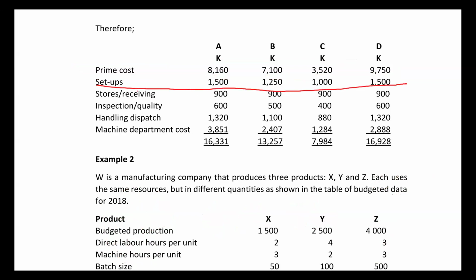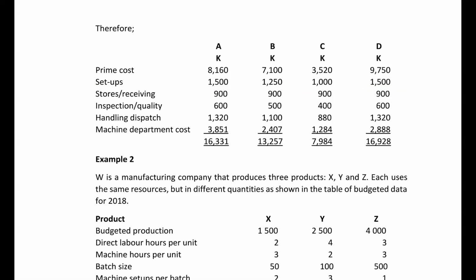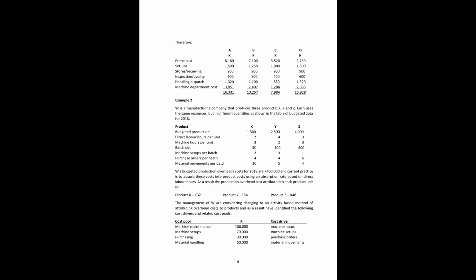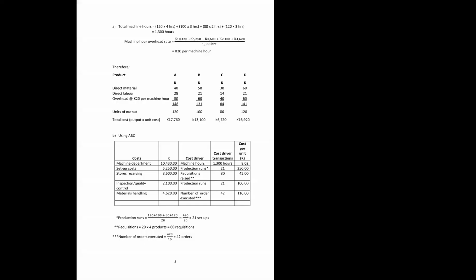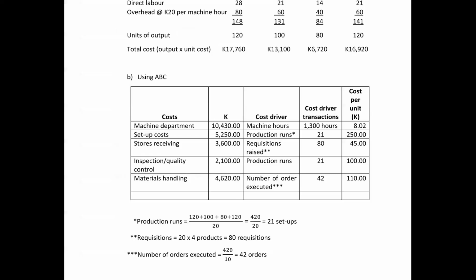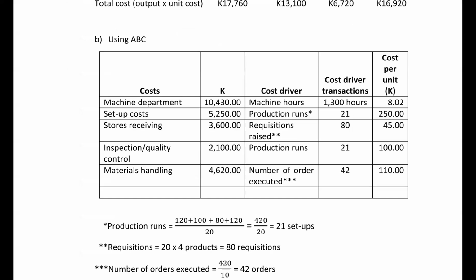Then when you go to the stores receiving, we want to know the driver first. What is the driver for the stores? Let's check. The stores is driven by what? By requisitions, the number of requisitions. Now you were told that the requisitions are how many per product? They're just 20 per product.